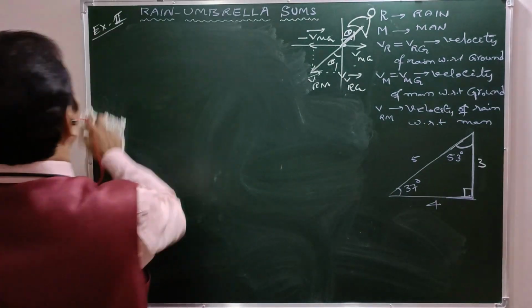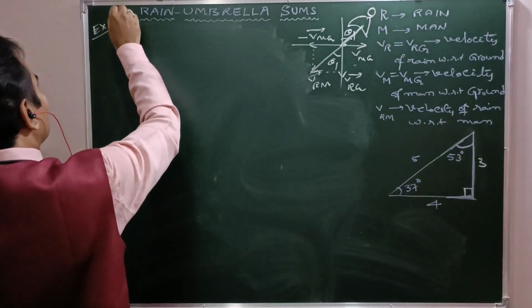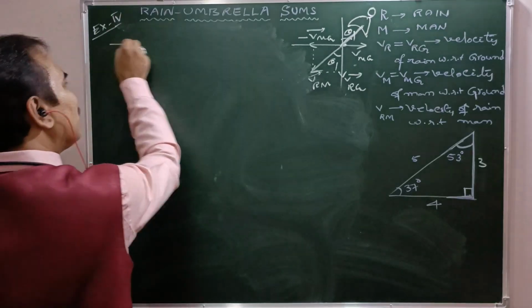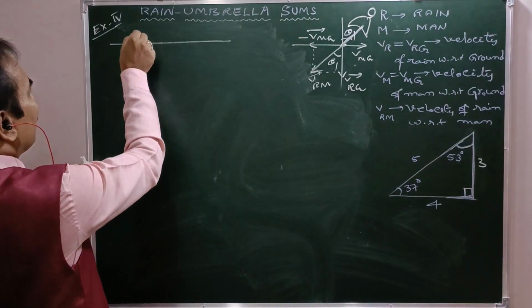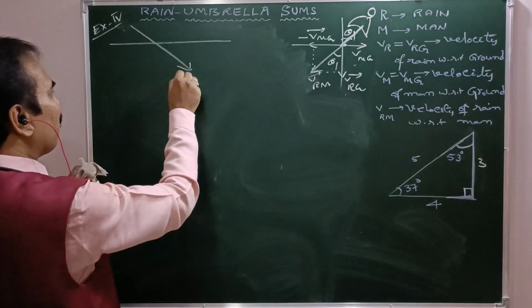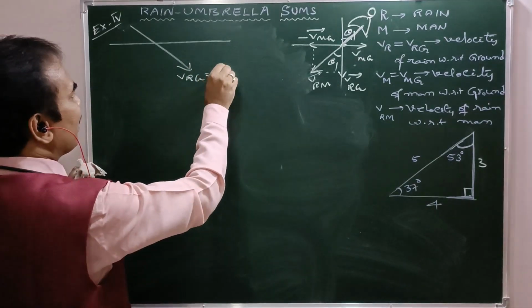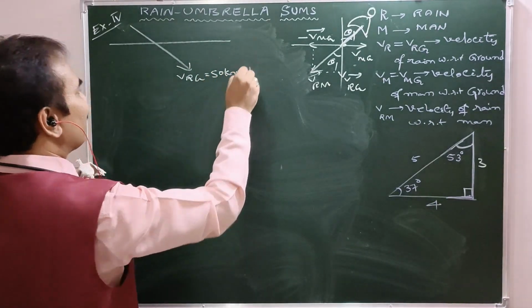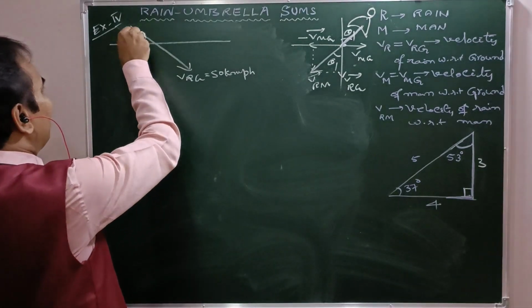See example 4. Here this is horizontal. Here rain is falling like that. Velocity of rain with respect to ground, what is the speed? 50 kmph.